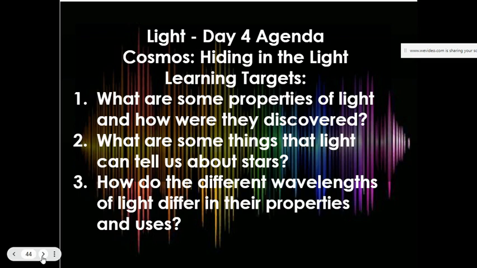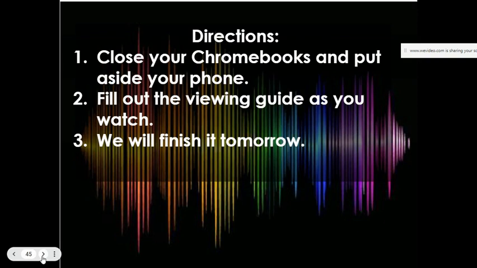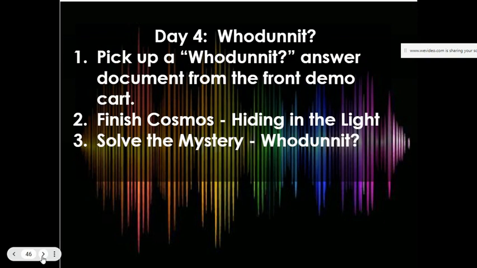Then we watched Cosmos Hiding in the Light, about the discovery of spectral lines. And then finally, we did the Whodunit, which had you review the properties of light on the electromagnetic spectrum by doing different multiple choice questions around the room.